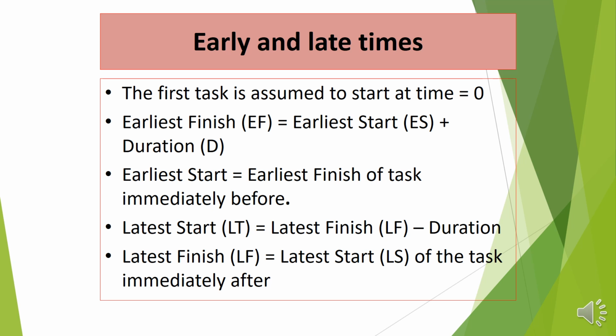Latest start is latest finish minus duration. If you get the last task, the end of the project, that task's finish time is both the earliest finish and the latest finish, because it is the end activity and it shows you the project completion time.